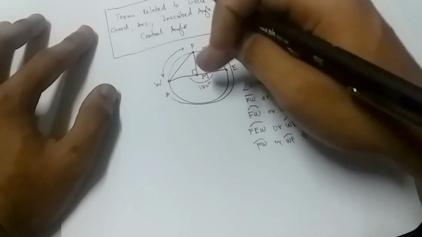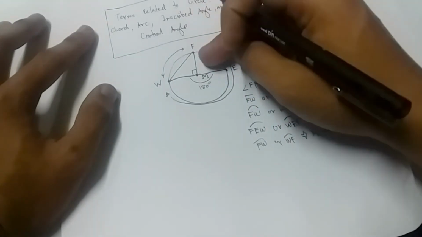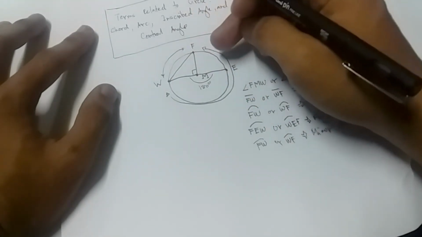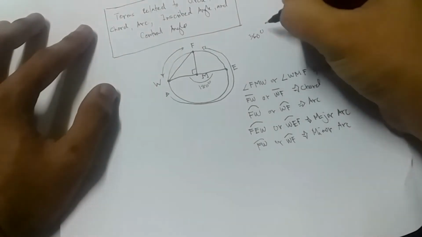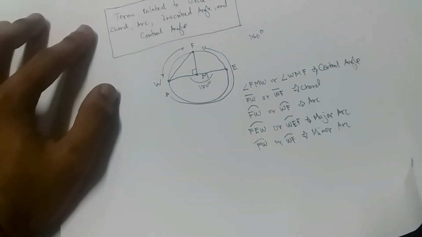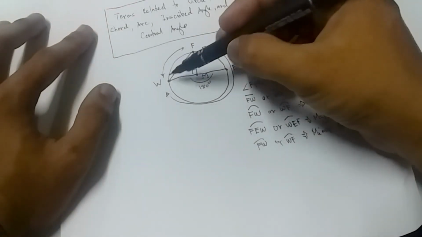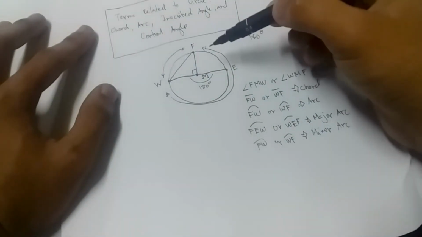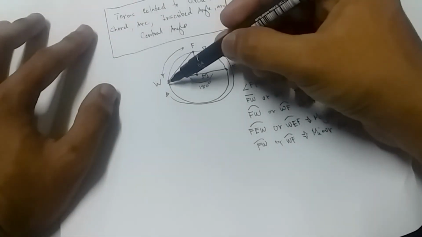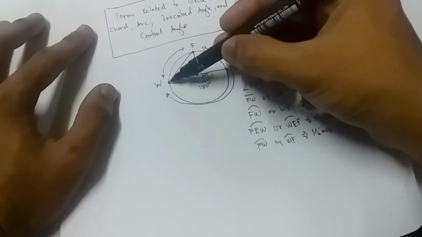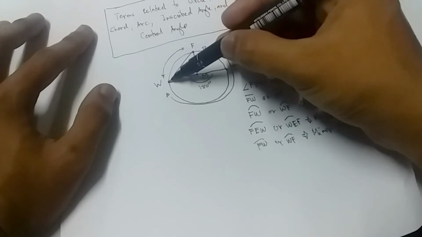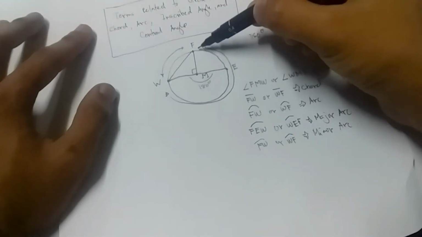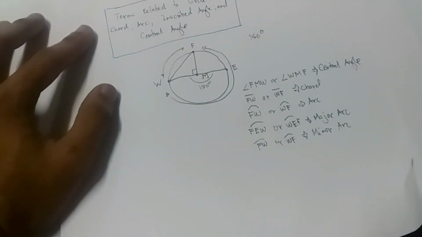If we add 180 degrees plus the other side of the circle, which is also 180 degrees, we'll get a total of 360 degrees, right? So therefore, we can say that the major arc is an arc measuring greater than 180 degrees. As you can see in the diagram, from point W to the point F, that is greater than 180 degrees.